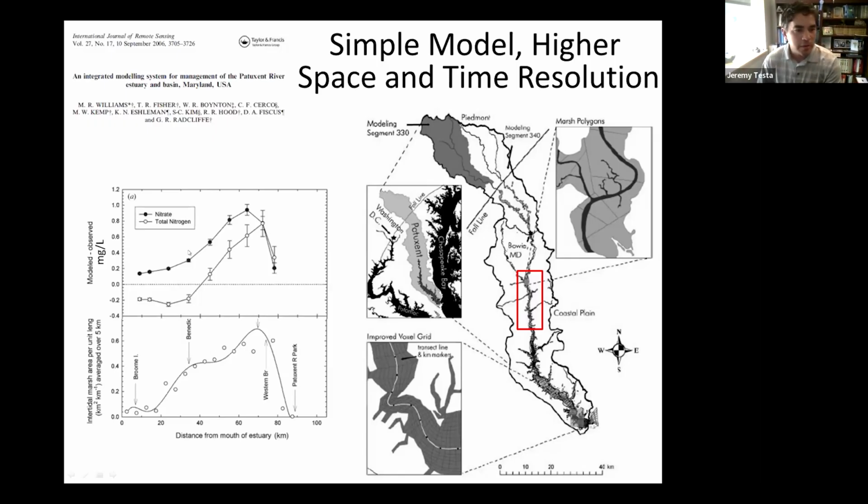And so the Williams et al. study really suggested, well, we're not really measuring marshes. It must be the marsh filter that's doing that, but we don't represent that. And this difference here is in milligrams per liter, 1 milligram per liter is 70 micromolar nitrogen. I mean, these are big numbers that the model's missing. And so it really hammers home the idea that you need a better tool to really represent this.